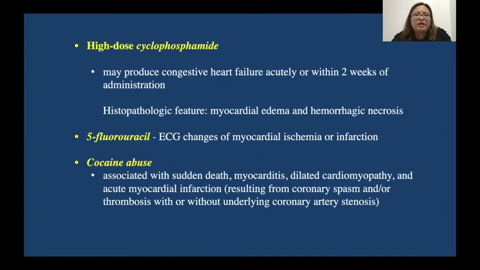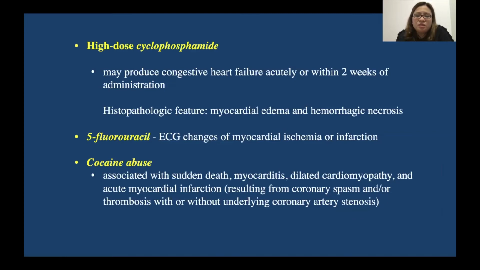Another drug that can cause cardiomyopathy is cyclophosphamide in high doses. These may produce congestive heart failure acutely or within 2 weeks of administration. Histopathologic features include myocardial edema and hemorrhagic necrosis. Also, 5-fluorouracil can produce ECG changes of myocardial ischemia or infarction.